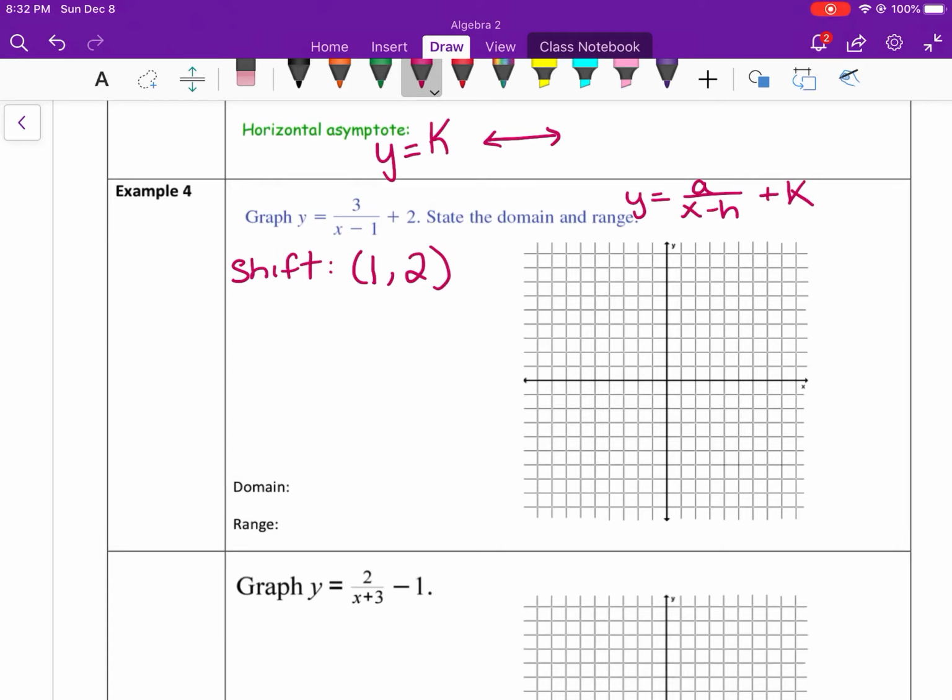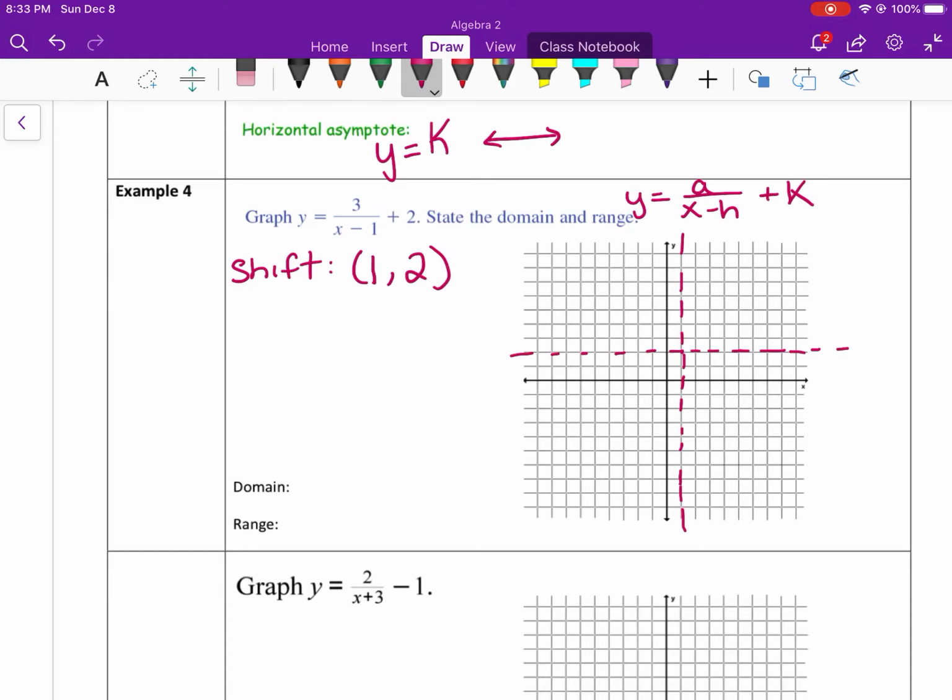So I'm going to go ahead and go to the point 1, 2, and then I'm going to draw a vertical and horizontal asymptote that cross at 1 and 2. That's going to be the point across which my hyperbola branches are reflected or mirror images.